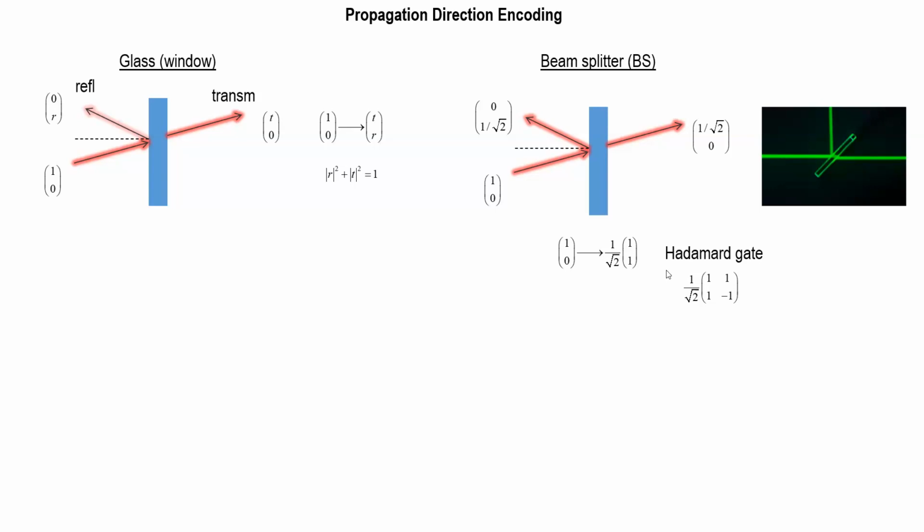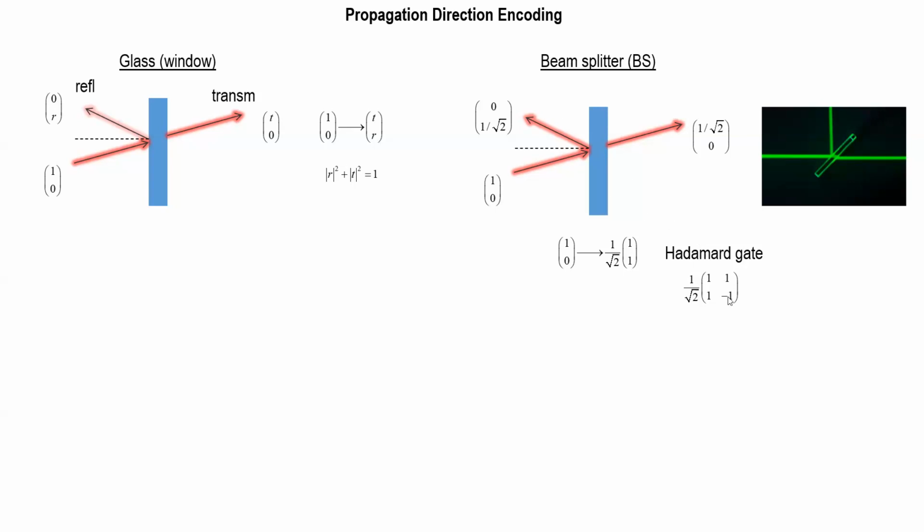So this is exactly the perfectly superimposed state, the state in the balanced superposition. And we see that in this case this element, this beam splitter, works as a Hadamard gate. The purpose of the Hadamard gate is to take the state 0, as in this case, and create the perfect superposition state (1, 1).